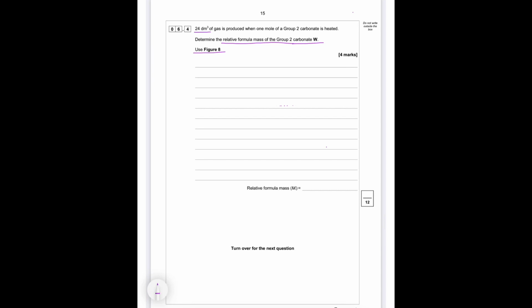Now, our graph does not go up to 24 decimeters cubed, but we could have a look at 240 centimeters cubed and work out what the mass would be for 240 centimeters cubed. And I've drawn that onto the graph, and we can see that 240 centimeters cubed of our gas produces 1.45 as a mass for our metal carbonate.